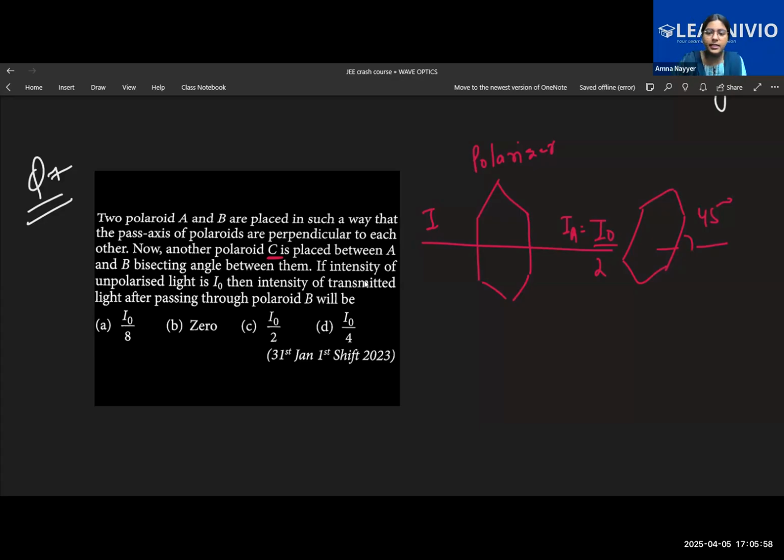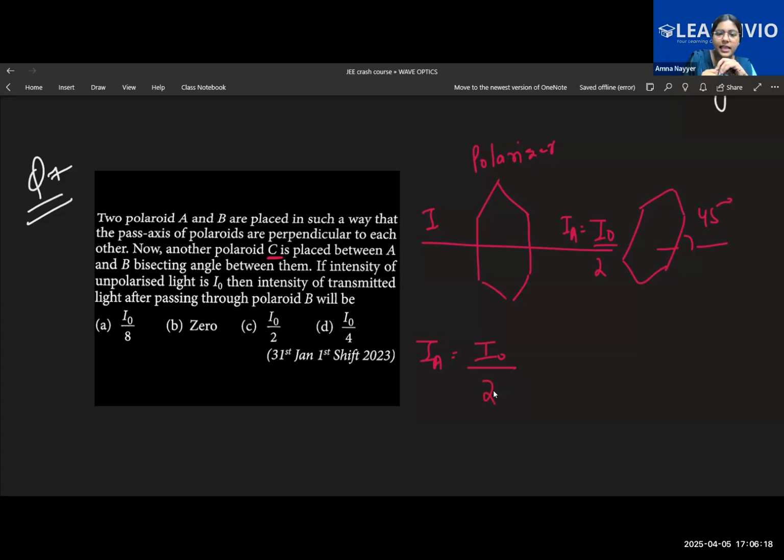Two Polaroids A and B are such that the pass axes of the Polaroids are perpendicular to each other. In that case, the Polaroid and analyzer, the intensity that is coming to us first is I naught by 2. We know this.